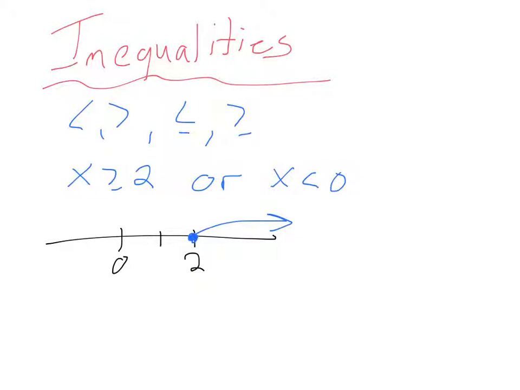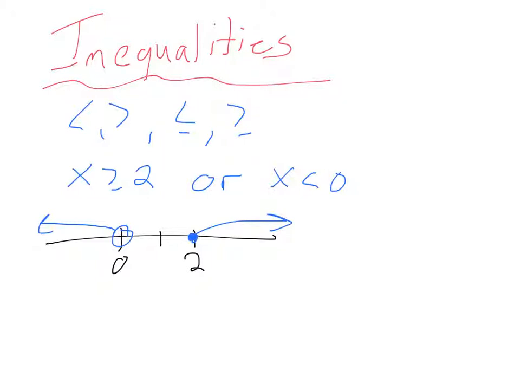What else should I add to this graph to indicate what the solution set is here? Circle at 0. Yep. And then an arrow to the left. Yep, so we have an open circle at 0 to represent the fact that 0 itself is not part of the solution, right? If x has to be less than 0, it can't be 0, right?